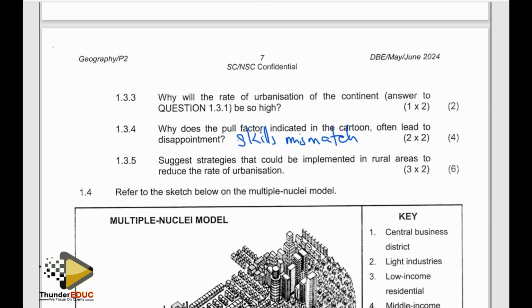So you tend to find that your skills won't be relevant to such. So those hopes will end up being a disappointment. You go all the way to an urban area hoping that you are going to fit there, only to find that your skills are not relevant. They are not matching what the urban area requires. Or you can also talk of high unemployment in the cities.